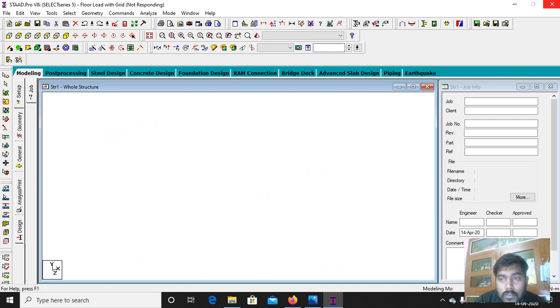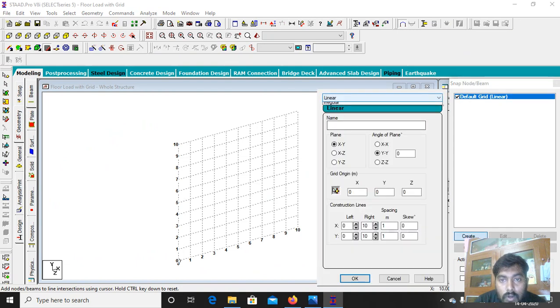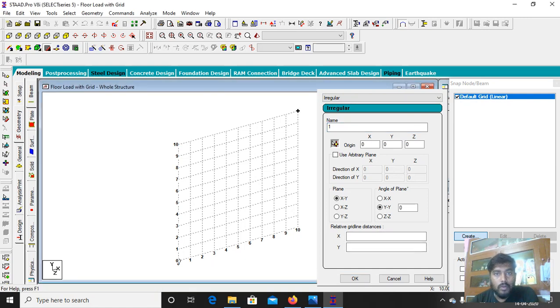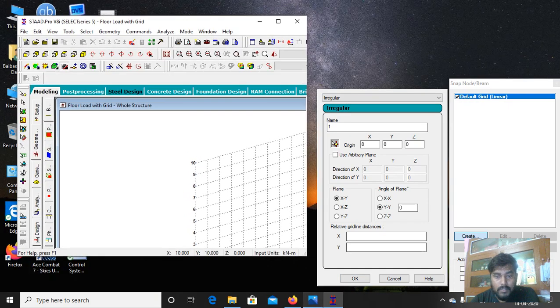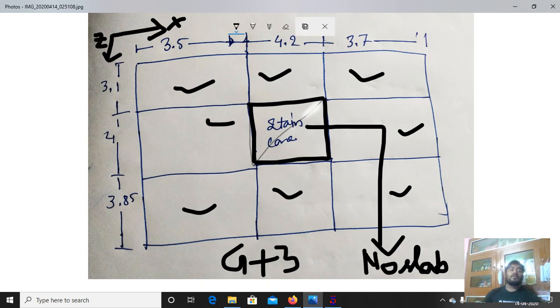So first, change the grid, create a new grid, irregular, naming the grid 1. So let us see the x coordinate. So this is our x and this is our z coordinate.